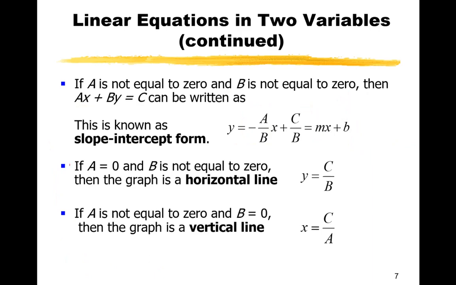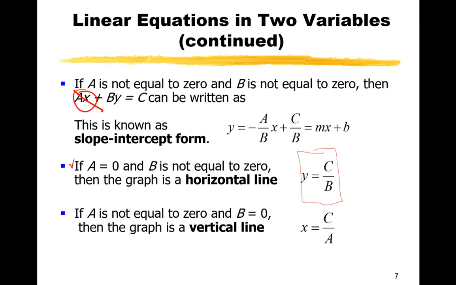Ang sabi dito, if a equals 0, meaning itong part ng term na to is 0, okay? And b is not equal to 0, then the graph is a horizontal line. So, ito, y equals c over b. Ito yung magiging ating equation ng line.